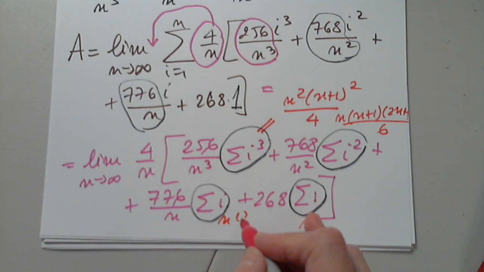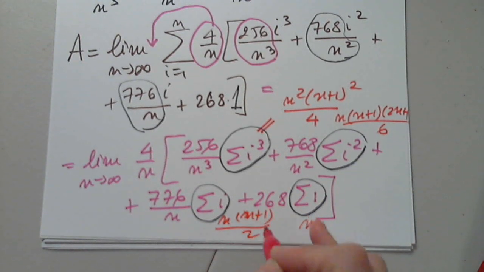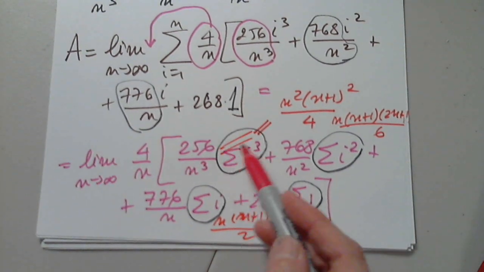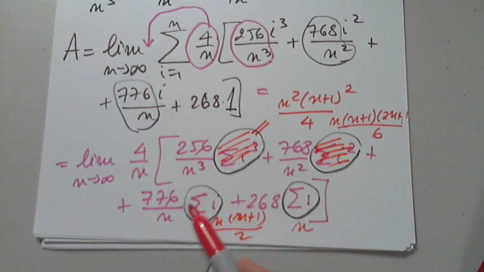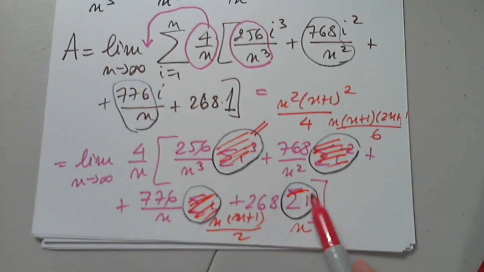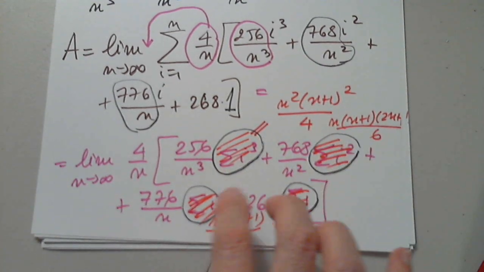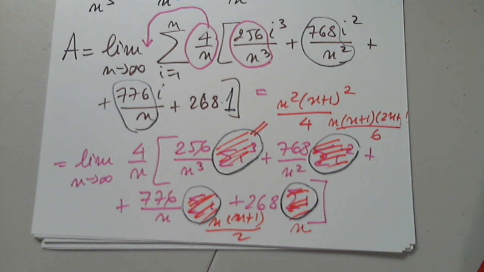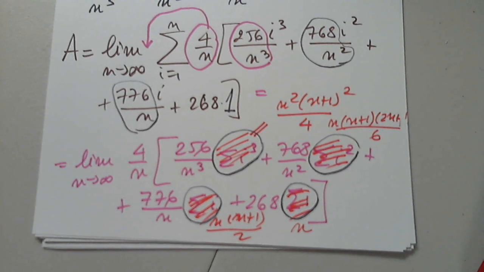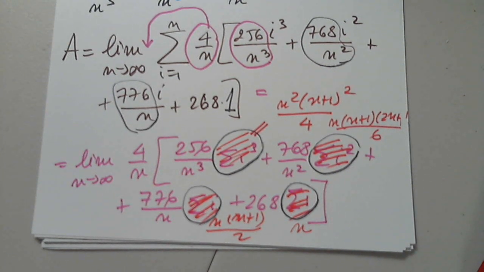So it's n plus 1 divided by 2. I have to replace all these by what they equal to, and then find the limit. Because once these disappear, everything is an expression in n, and n goes to infinity. Moving on. Is this okay? Any questions?